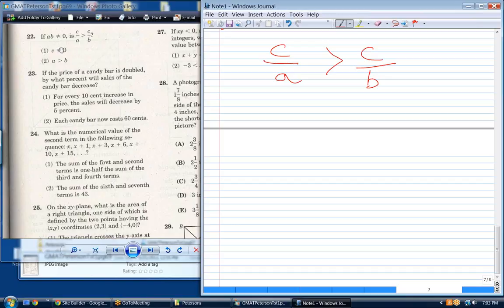Let's do an easy one first. Statement 1: C is not equal to 0. Well, you can't solve it like that because you don't know what's on top. Obviously. Let's get that out of the way.